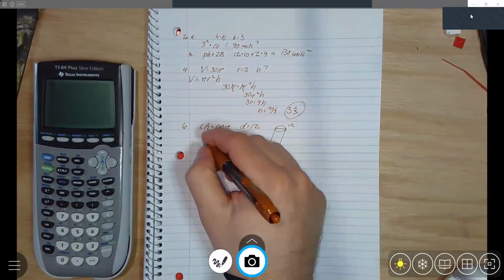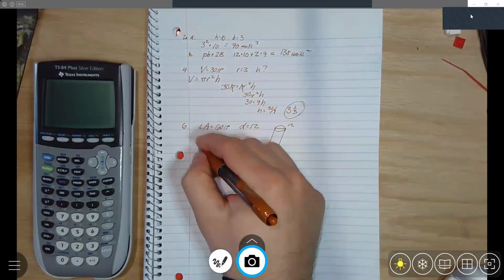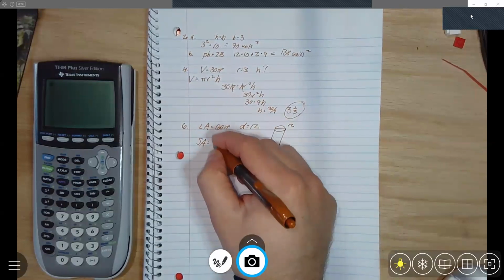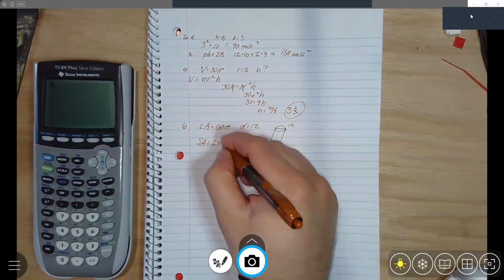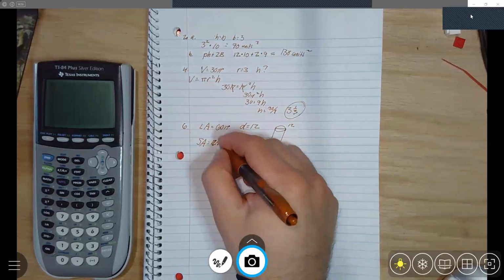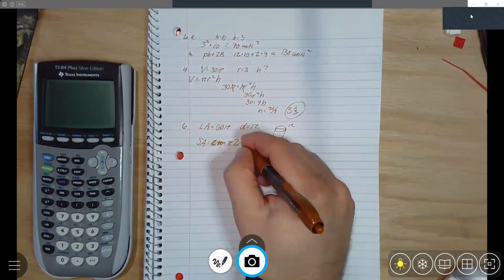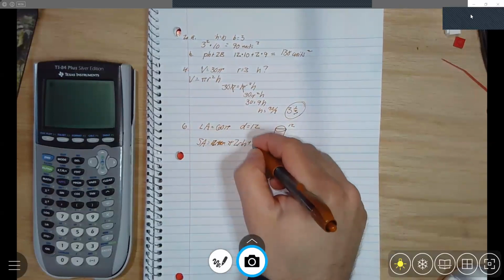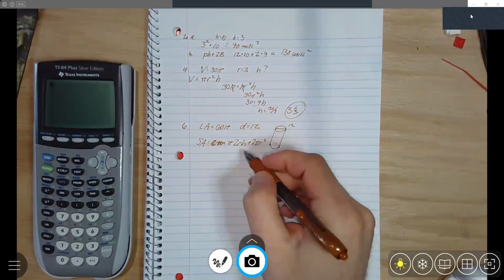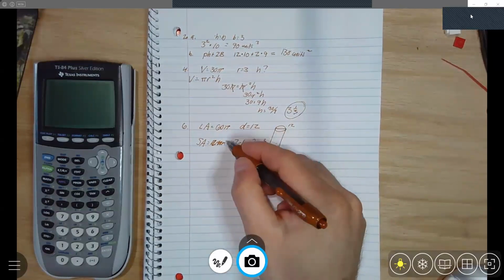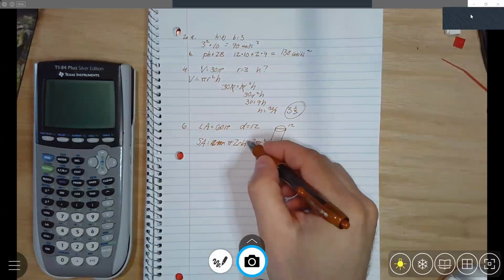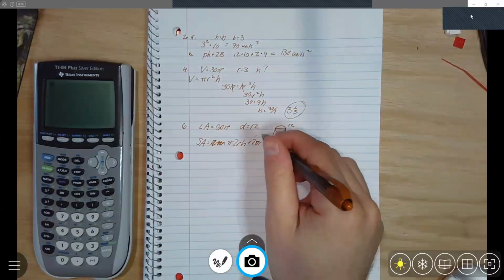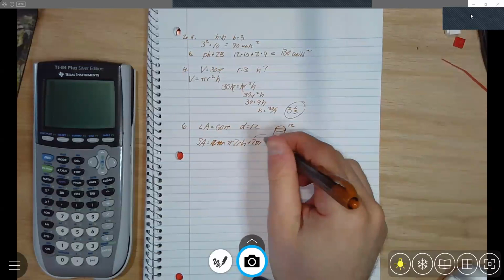So in a cylinder, the surface area is 2 pi r h plus 2 pi r squared. So this is the lateral area, and this is the area of the bases, right? 2 times the area of the base.